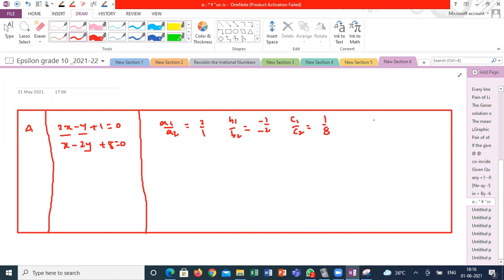I can say here a1 by a2 is not equal to b1 by b2. Irrespective of c1 by c2, it doesn't matter what is happening in c1 by c2. If a1 by a2 is not equal to b1 by b2, I can conclude these are intersecting lines.